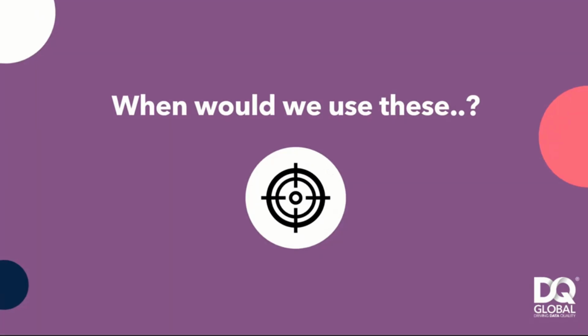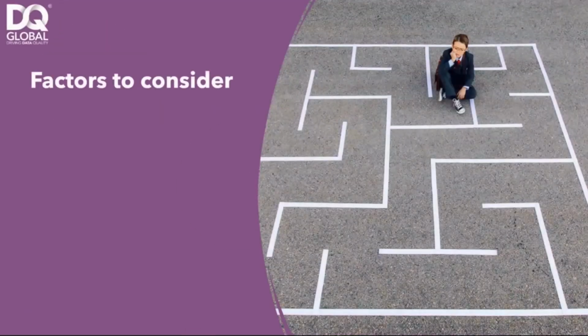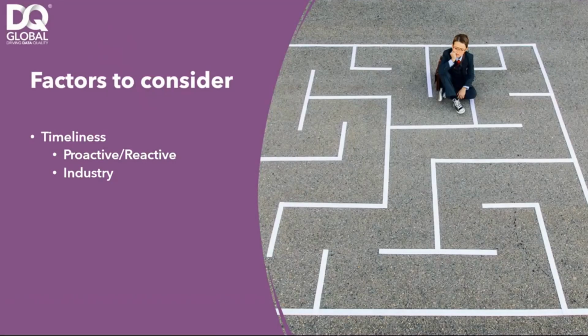So some considerations, when would we use some of these 5 levels of customer data management? What should we be aware of? Well, timeliness is a huge factor. Should we be proactive or reactive?